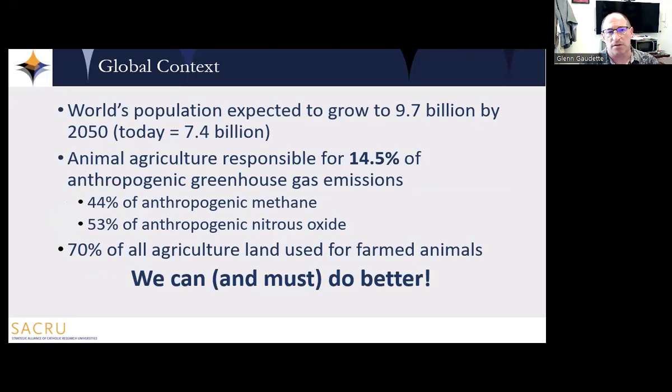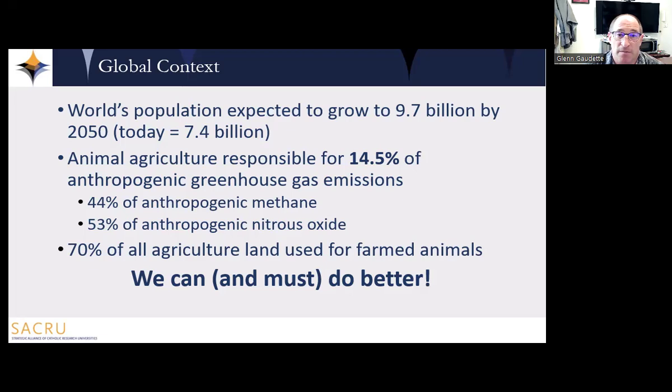So why do we do this? Well, we know that the world's population continues to grow. It's expected to grow to about 9.7 billion people by the year 2050. How are we going to feed all these people? That's a big question. And a lot of the people in the world are starting to enjoy meat and want more meat.